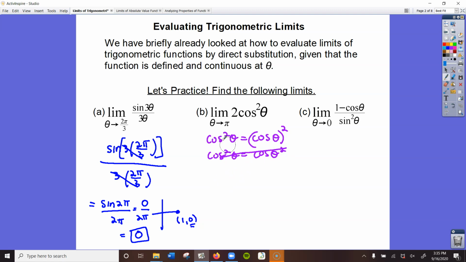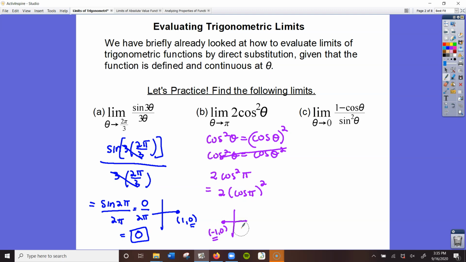Okay, so if we have the limit as theta is approaching pi of 2 cosine squared theta, we're just going to go ahead and plug in the pi. So we have 2 cosine squared of pi. Remember that this is the same thing as saying 2 times cosine of pi, all of that squared. Now when you think of where pi lands, it lands right over here, and this is the coordinate (-1, 0).